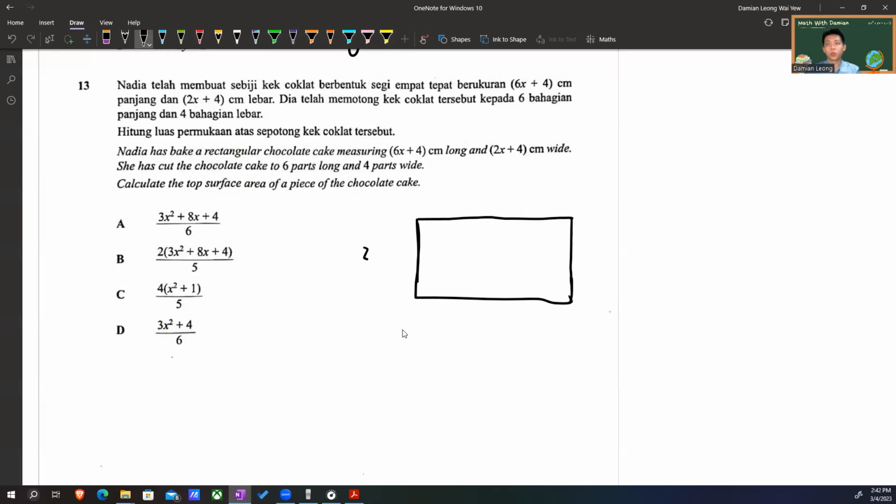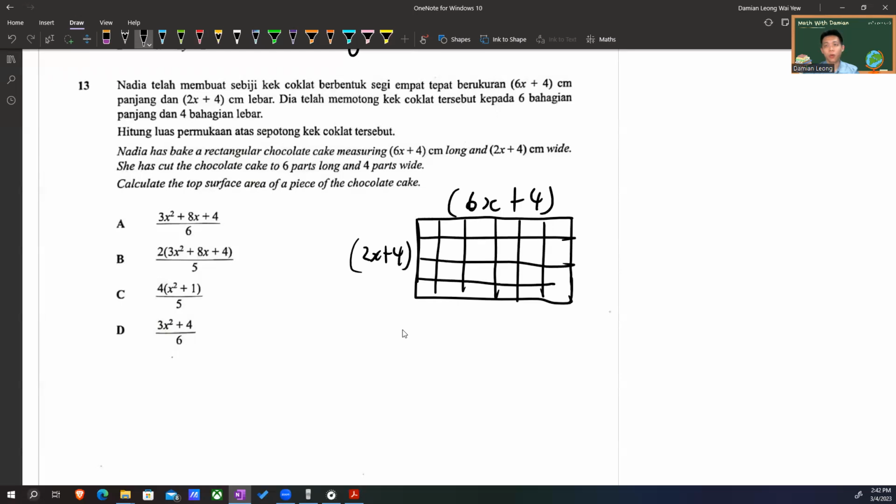So it is 2x plus 4 cm wide and 6x plus 4 cm long. So she cut it to 6 parts long. That's 6 parts and 4 parts wide. Split into 4. Okay, I want one piece of chocolate cake, the area.